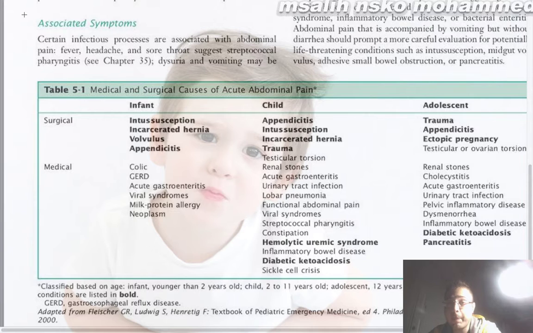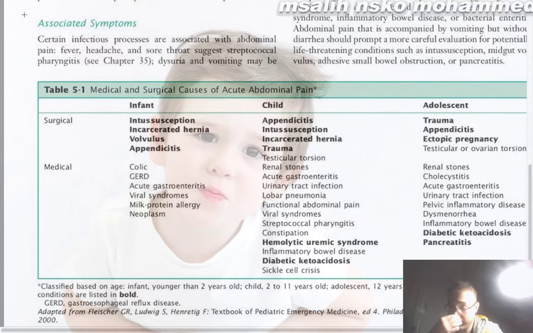And in an adolescent, we have trauma, appendicitis, ectopic pregnancy, and testicular or ovarian torsion surgically. So clinically, renal stone, cholecystitis, acute gastroenteritis, urinary tract infection, pelvic inflammatory disease, dysmenorrhea, inflammatory bowel disease, diabetic ketoacidosis, and pancreatitis.